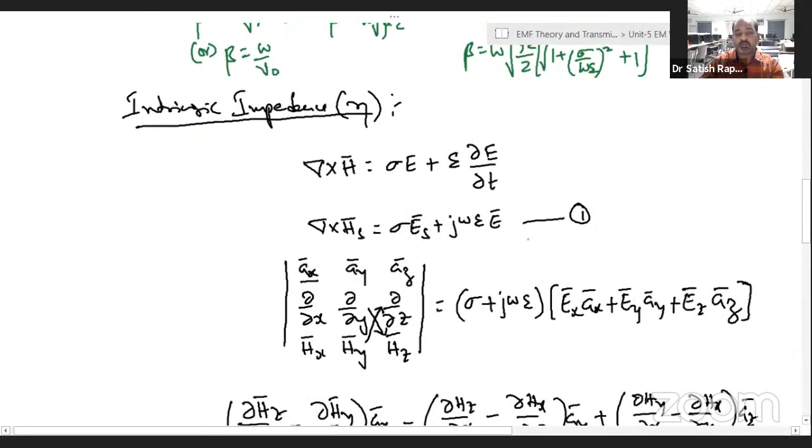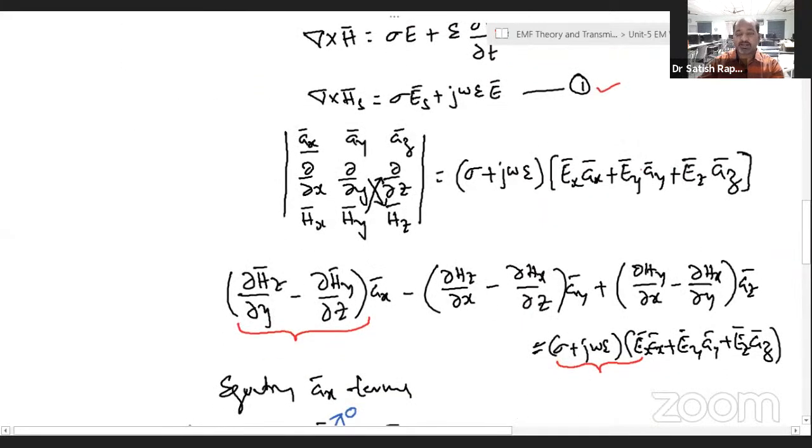And also we have derived the expression for intrinsic impedance by taking one of the Maxwell's equations. Equation 1 is one of the Maxwell's equations in phasor form. Expanding equation 1, we will get this one, right? Find the determinant and equate left hand side terms and right hand side terms.